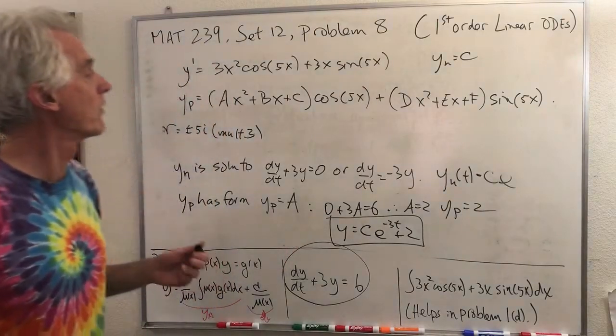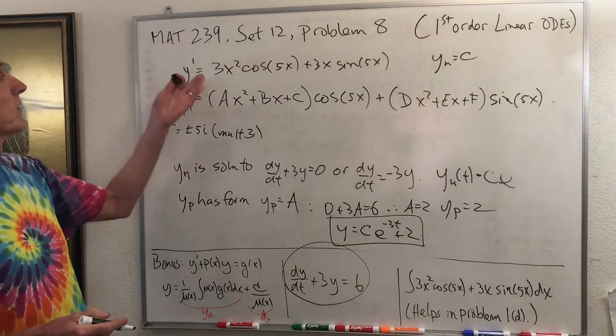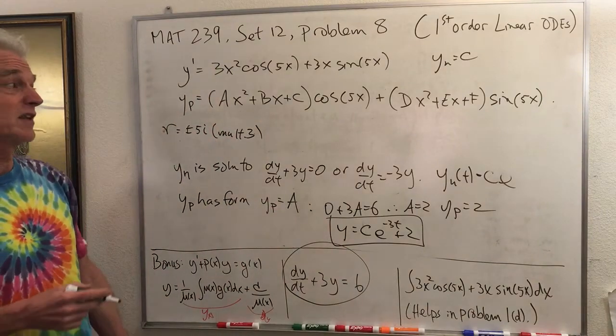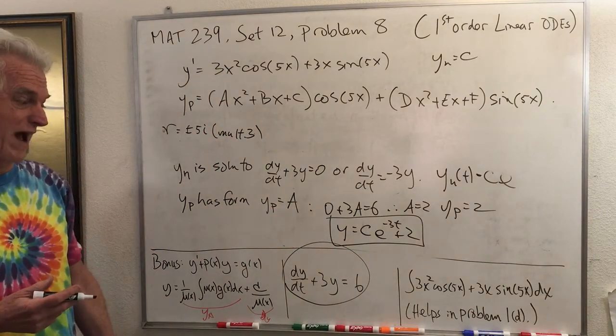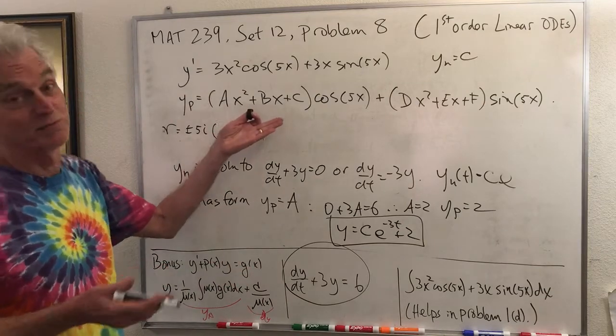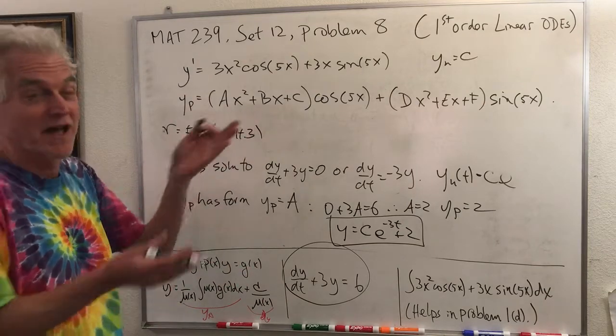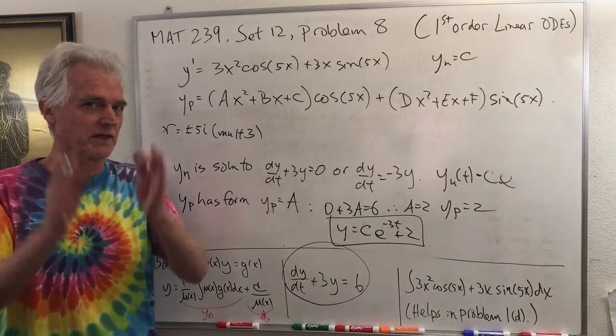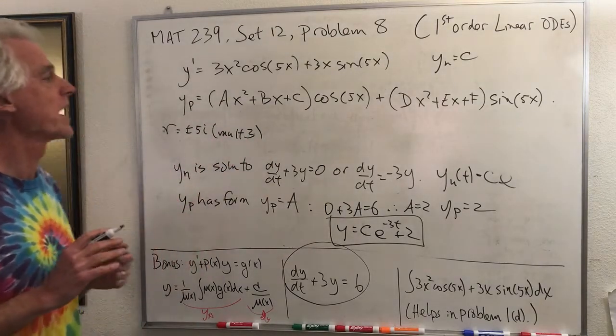That's the form of the solution to that. And if I was going to do this integral, well, it would be a lot of work. But believe me, it's going to be a lot of work to do this. I'm not going to actually do it for you, but at least this is the form, the structure of yp.